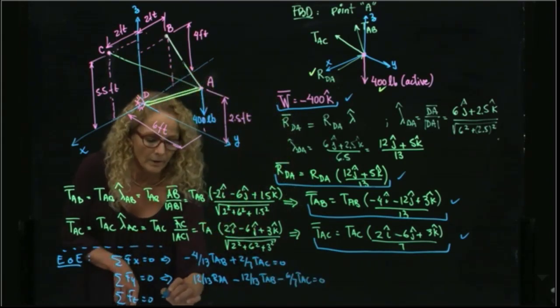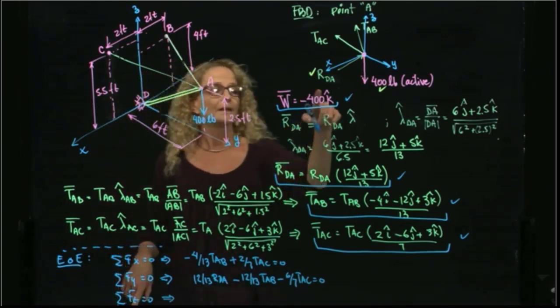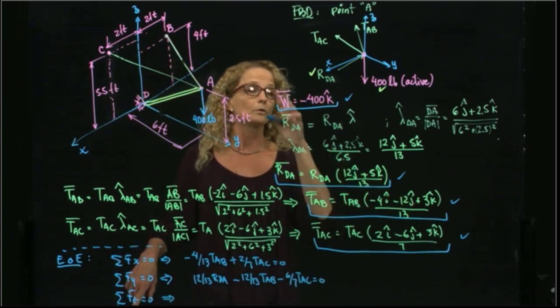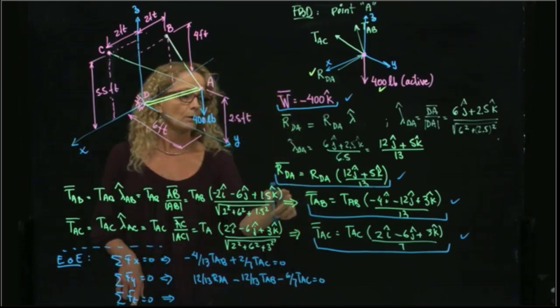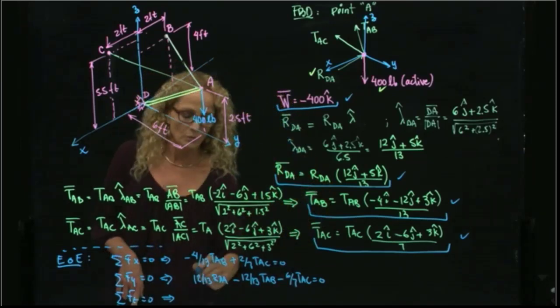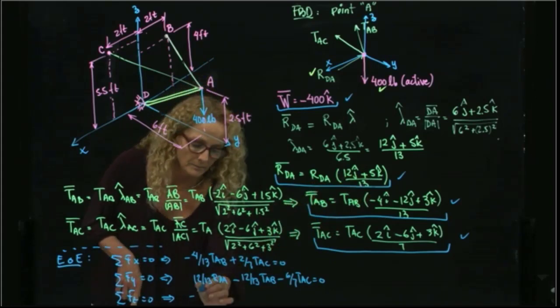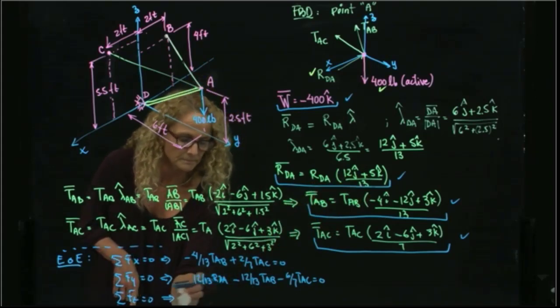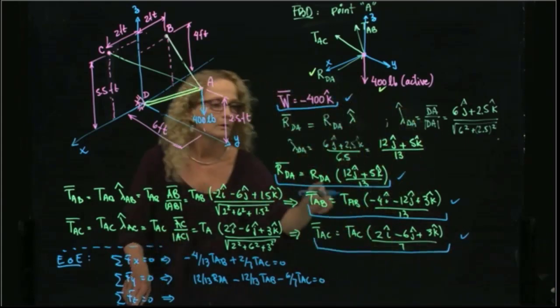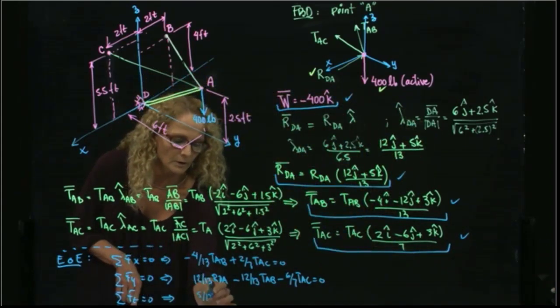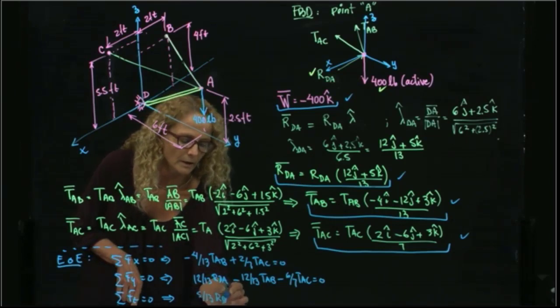And the last equation has the K components. This has a K component, this has a K component, so all of them. So I have 4 components in my equation. So it will be positive 5 over 13 DA.